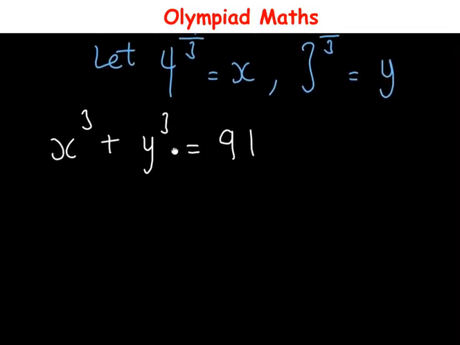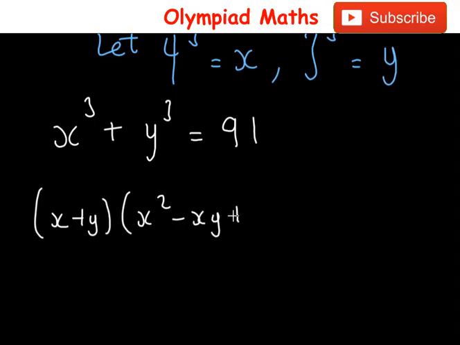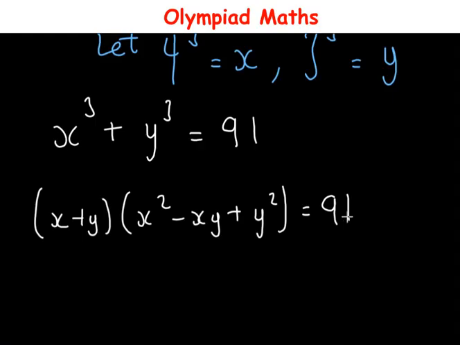So from here, x cubed plus y cubed is equal to, in brackets, x plus y multiplied by x squared minus xy plus y squared, and this equals 91.